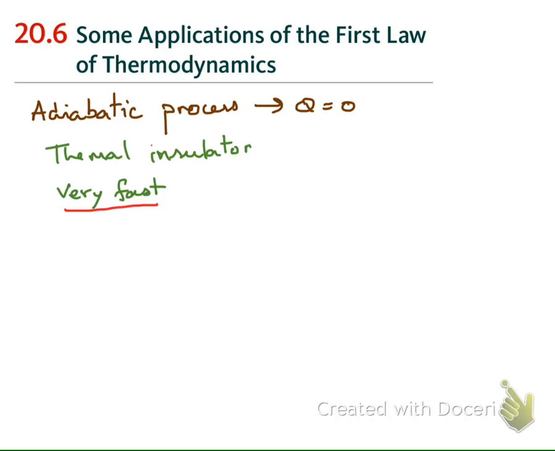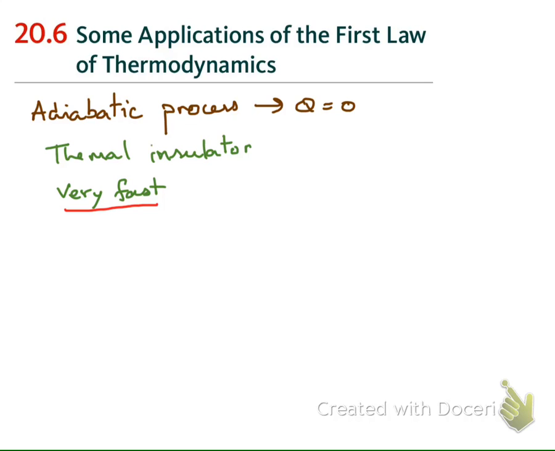A practical example in this case is when you have a bomb and the chemical process happens very fast, and the heat cannot leave or enter the system during the process, so we may have an adiabatic process in that case.